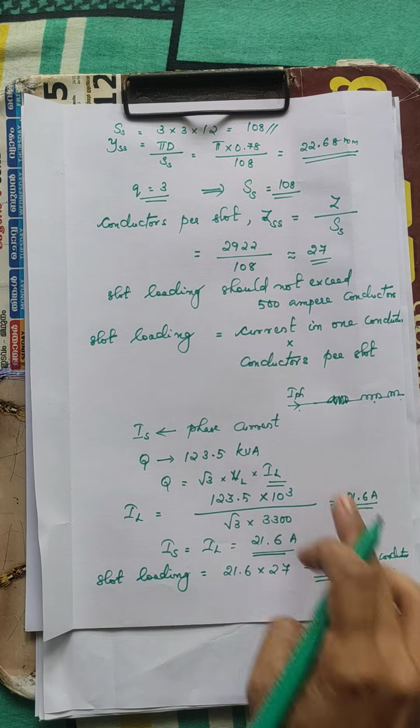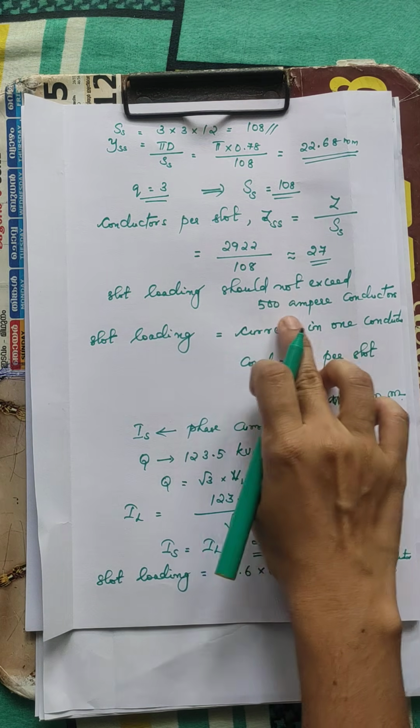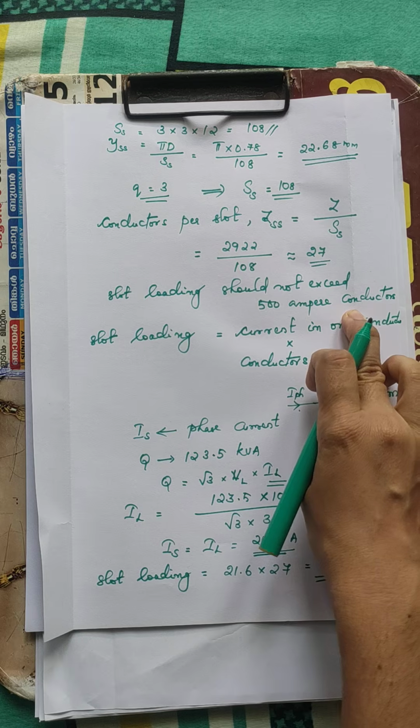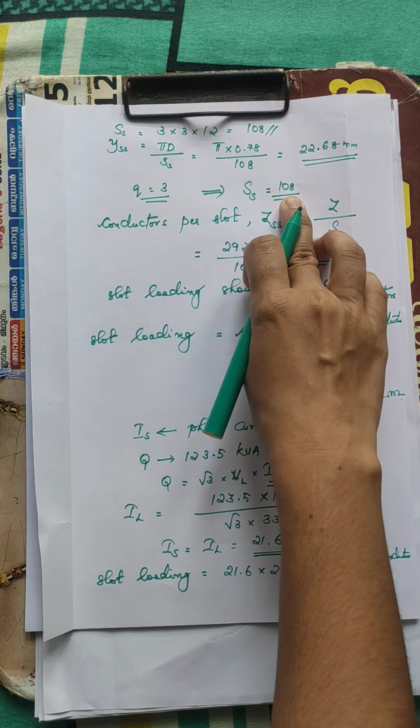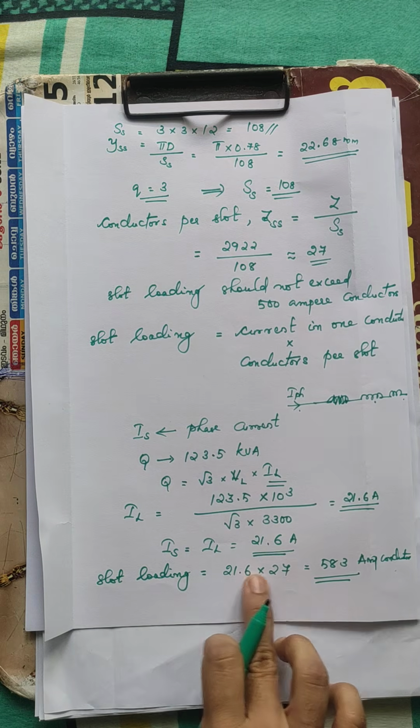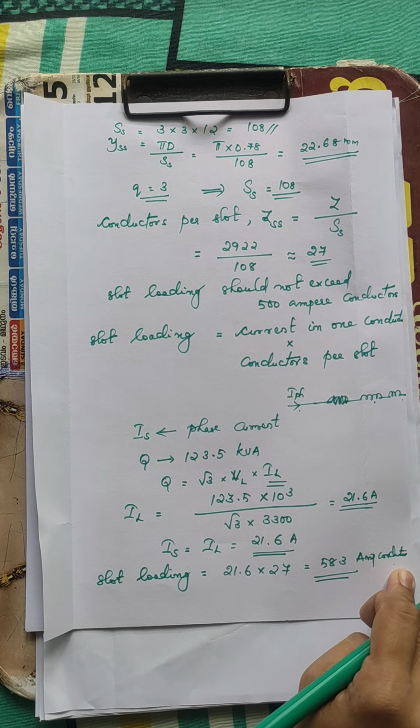It is given that the slot loading should not exceed 500 ampere conductors. But for this particular value of slots that we have chosen, the slot loading exceeds 500 ampere conductors.